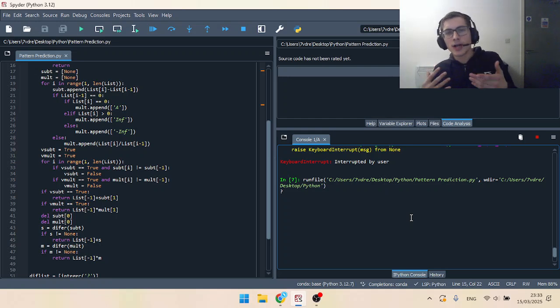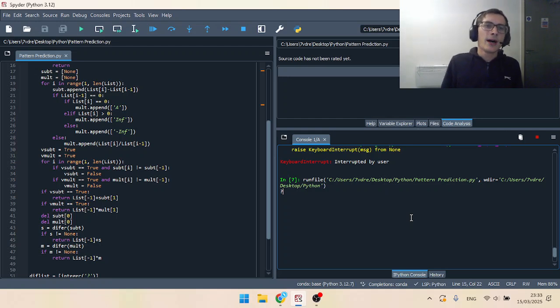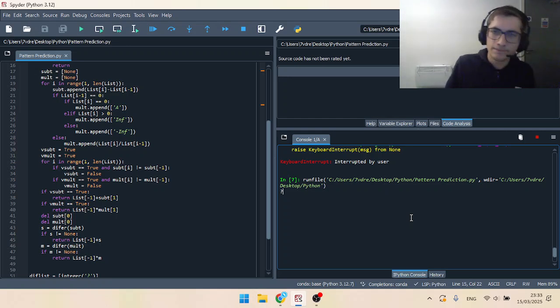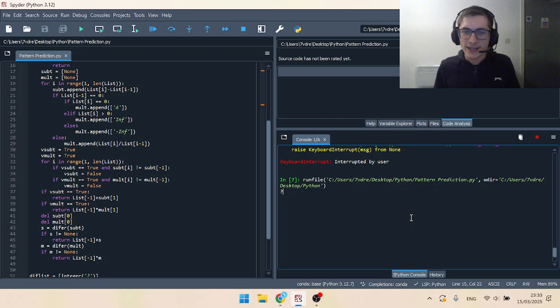So we're going to try prime numbers. If you don't know what prime numbers are, they're numbers that cannot be divided by other integers to give an integer result, other than 1 and itself.